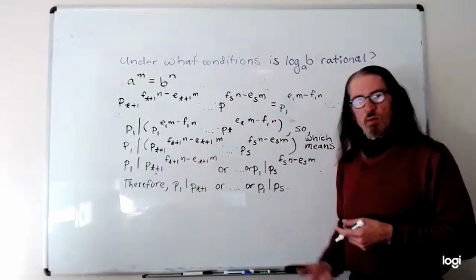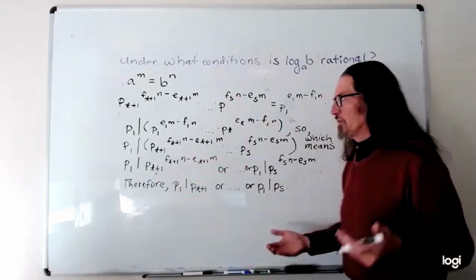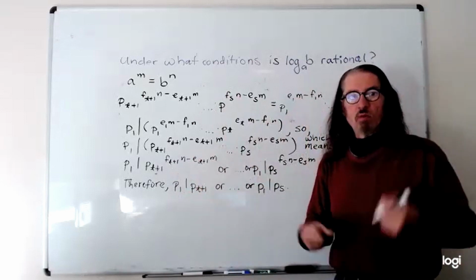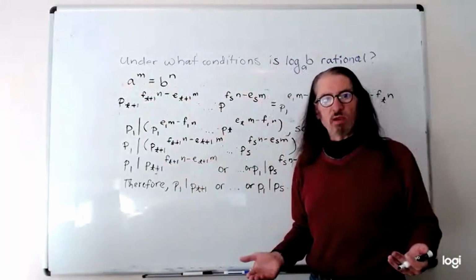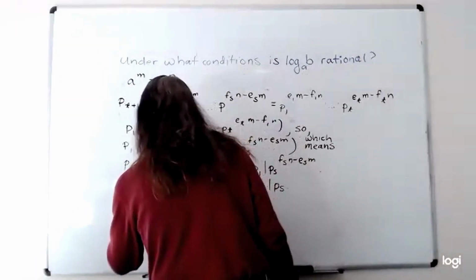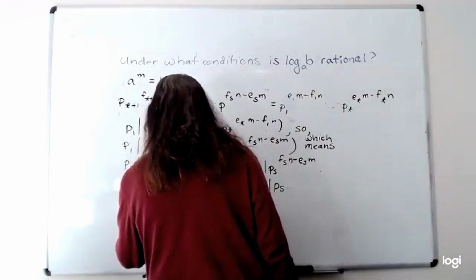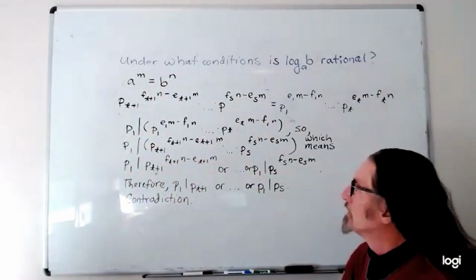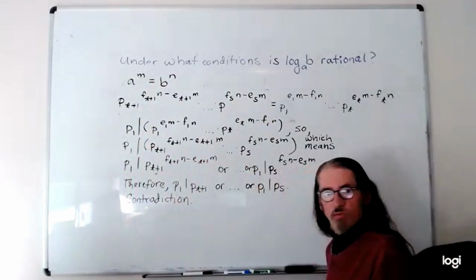A prime cannot divide some other prime. And also the way prime factorizations work, we would have gathered the highest power of a prime that would divide into something to express that as the prime factorization. So this is a contradiction. And what is that contradicting? That the differences were not all zero. This is showing that they are all zero.